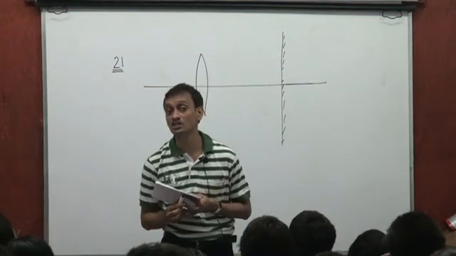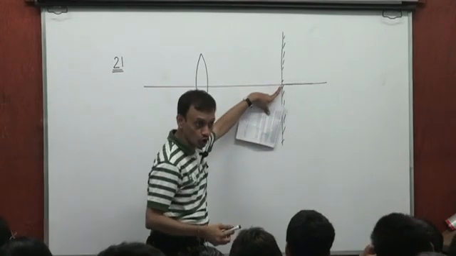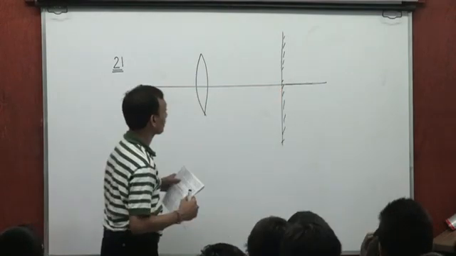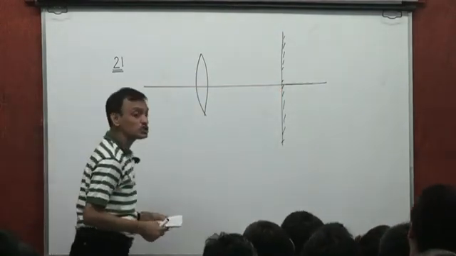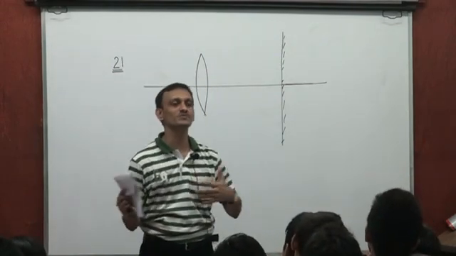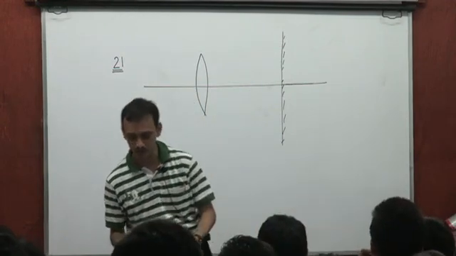Virtual images can't be cast on a screen, right? So the image must have been formed on this side of the lens. It's a real image formed by the lens. And since the magnification is 3, the image distance must be 3 times the object distance.